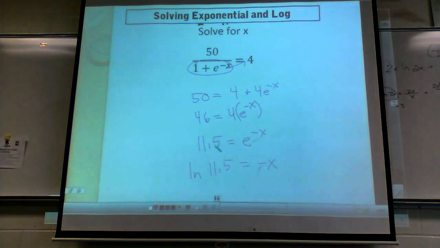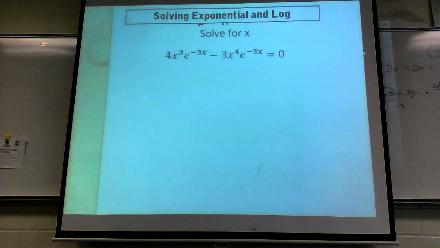That's 2.44, which equals negative x. Right? I did natural log of this. Negative x drops to the front. Natural log of e is 1, so I just leave it. Then x equals negative 2.44.